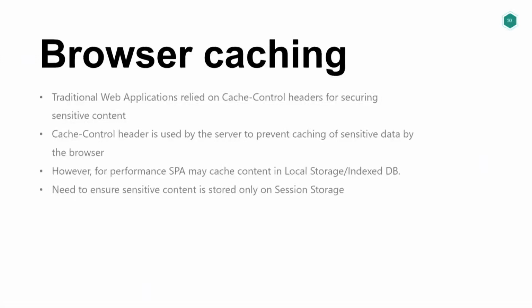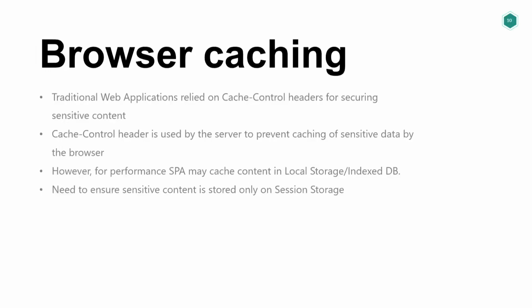There are also other changes when you move from a traditional to a single-page application. One of the things you take for granted is the cache control header. Typically, you would use a cache control header in a traditional web application to prevent caching of sensitive pages.